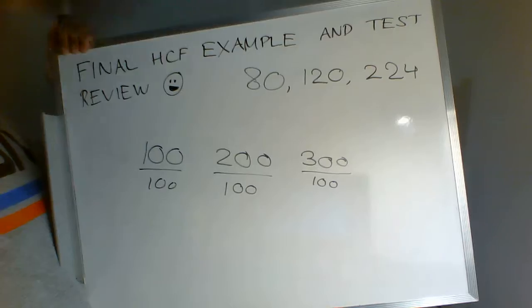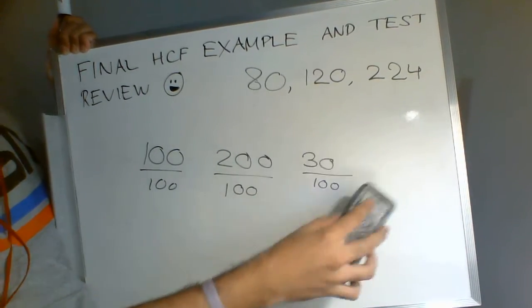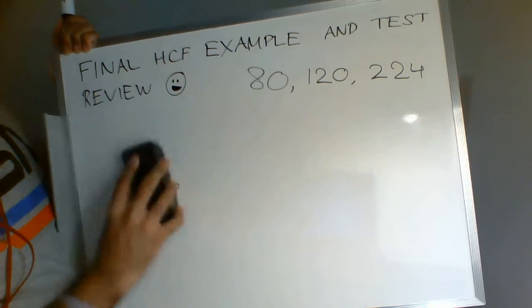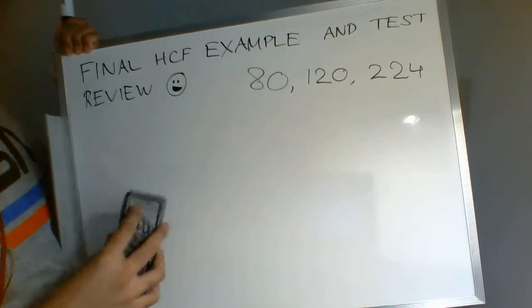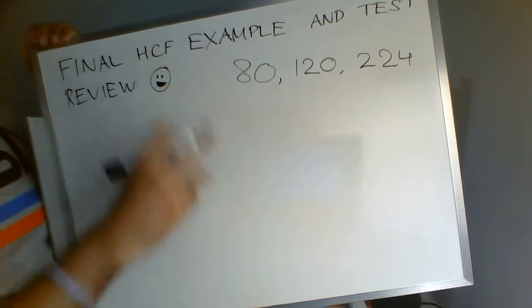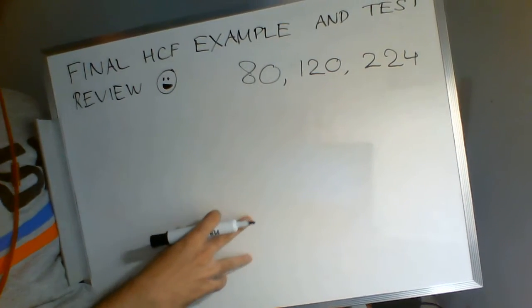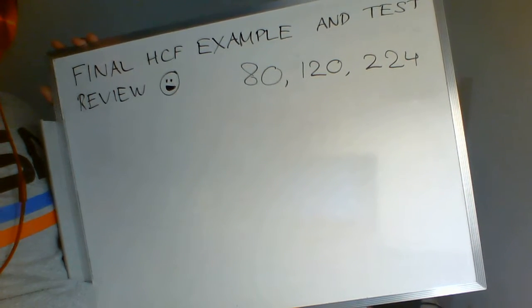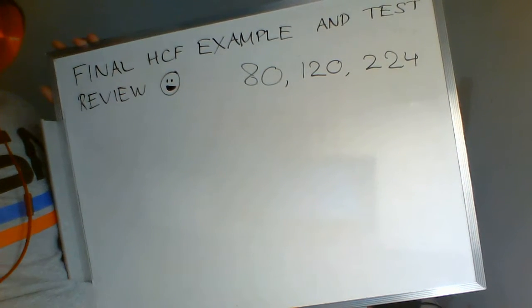But if I were to make it 310 or something, then suddenly the answer isn't quite as obvious, and you might get, as a result, a really small number as your HCF, like we were getting last time out with things like 4. We got a 4 in our last example.